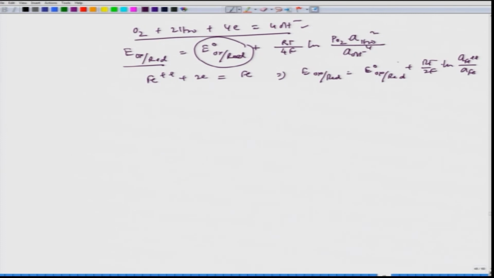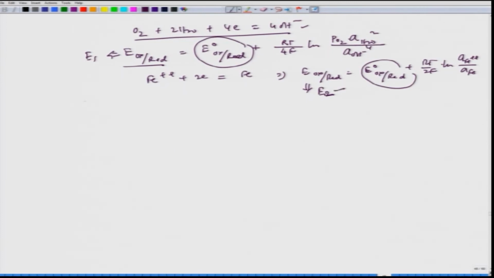Here also we are making use of the standard reduction potential, but we are seeing the difference between this, which is nothing but E2, and this, which is nothing but E1. We are seeing the difference between E1 and E2, and that is how we construct the galvanic series. So, this one would stay above and this one would stay below.